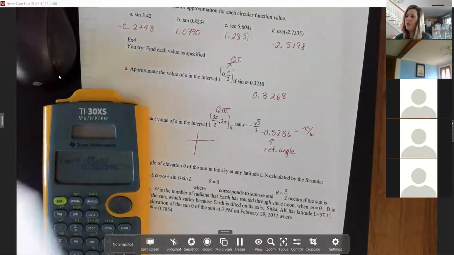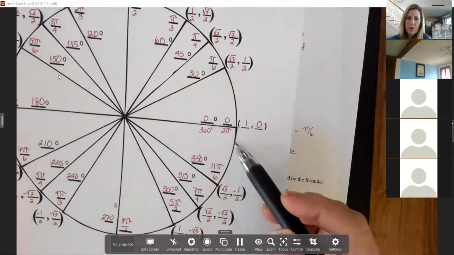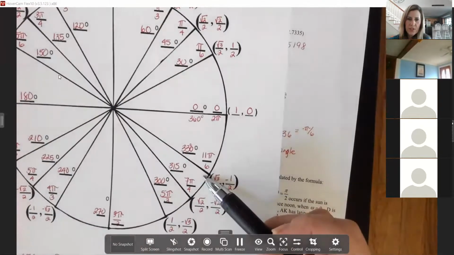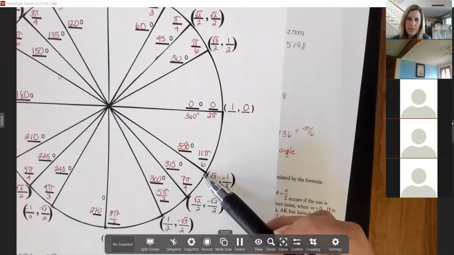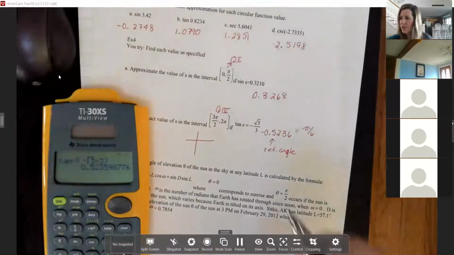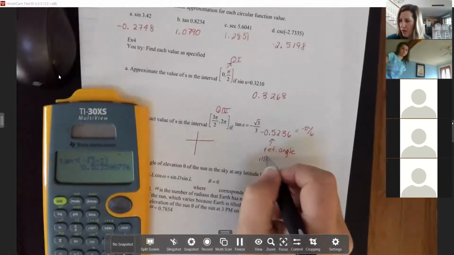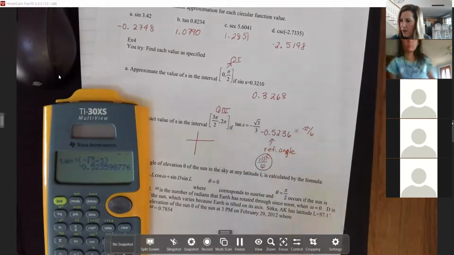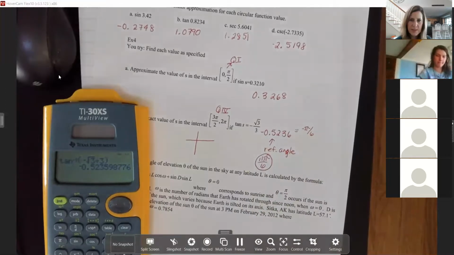So if you're in quadrant 4 and you go pi over 6, do you remember every 30 degrees is pi over 6, right? So that would bring us to 11 pi over 6 in quadrant 4. Does that make sense?